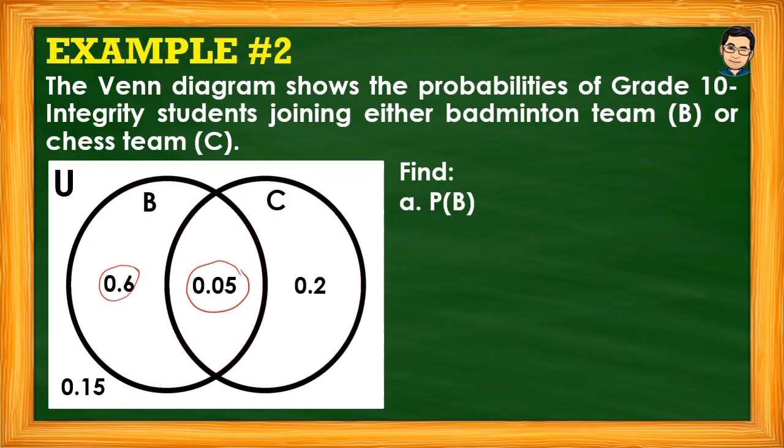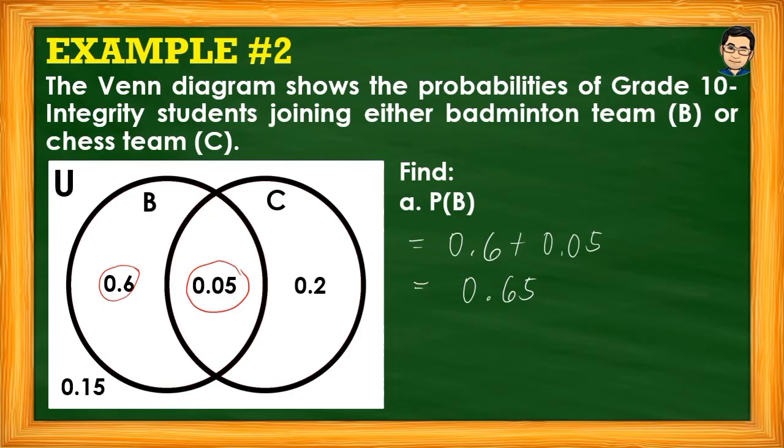So you can see yung circle natin intended for badminton team, saklaw po dyan yung intersection, of course. So kailangan lang po natin yun i-add. So 0.6 plus 0.05, and then if we will add these two, we'll get 0.65. Okay, ibig sabihin 0.65 yung probability na yung students member siya ng badminton team.